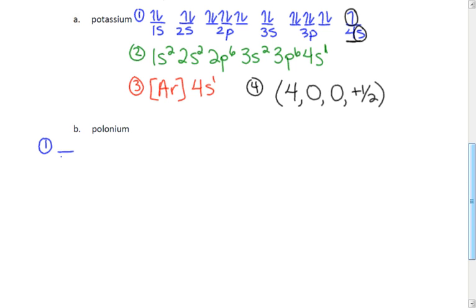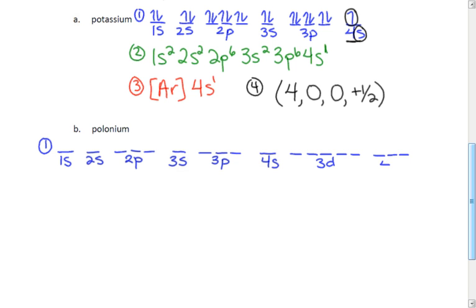We've got 1s, then 2s and 2p, then 3s and 3p, then 4s, and this is the fourth row, where it gets funny. After 4s we have 3d with 5 orbitals, and then 4p.